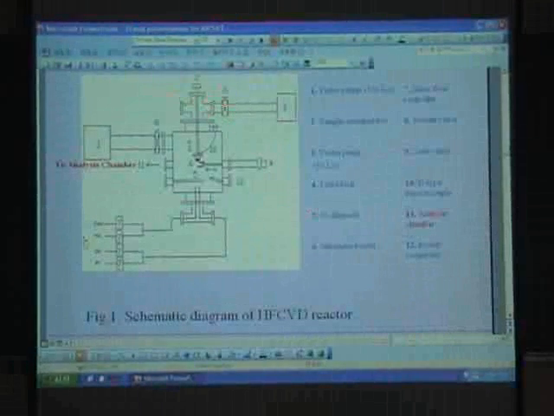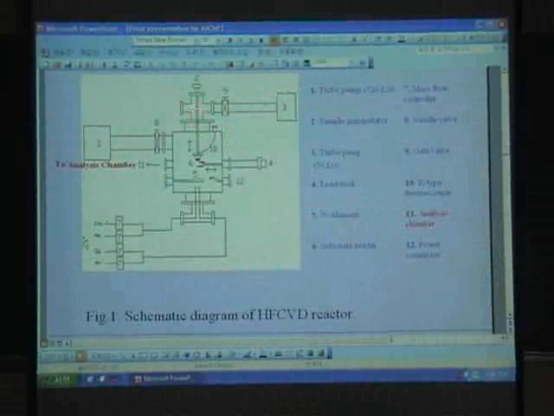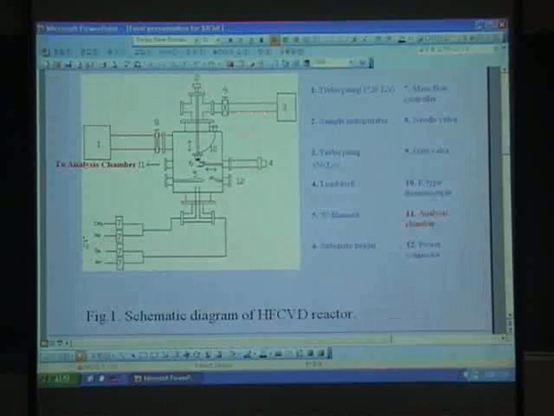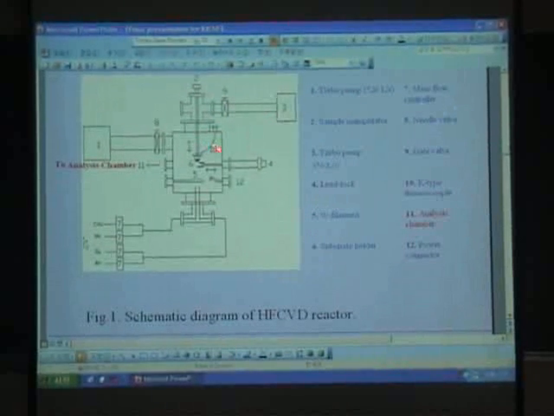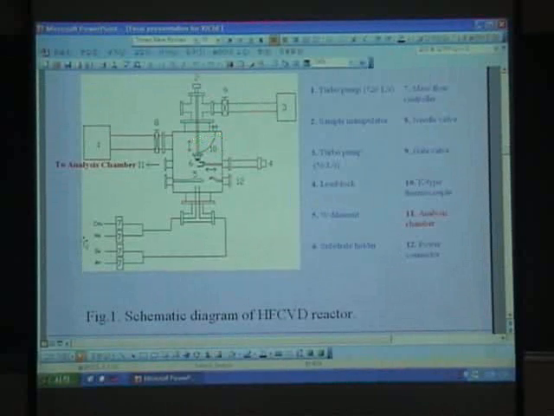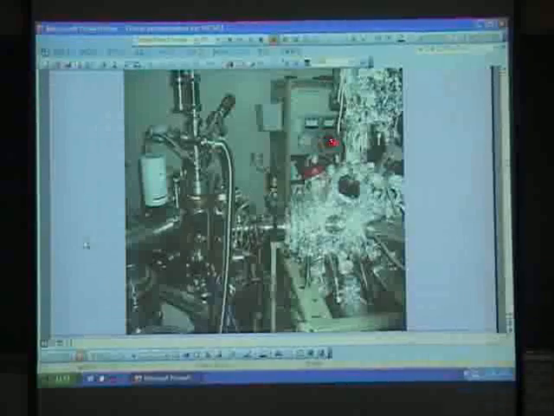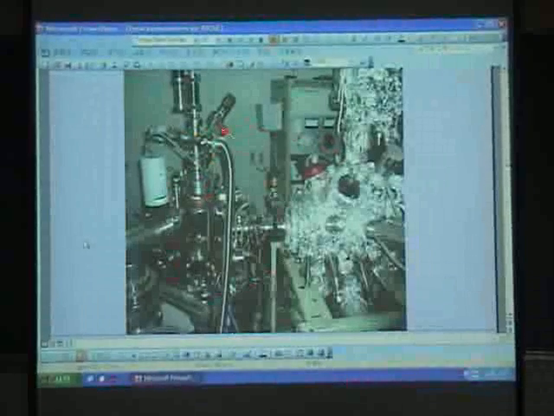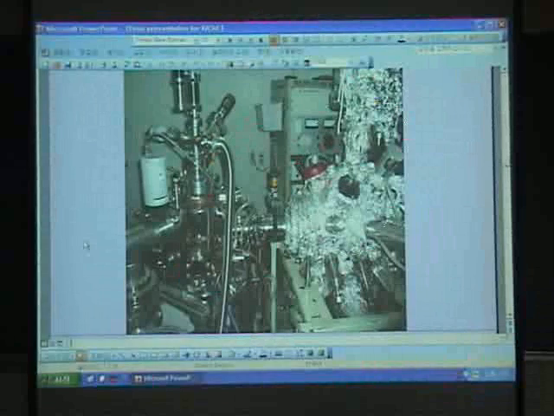Here is our HFCVD system. We use a turbomolecular pump and the vacuum we got here is 10 raised to minus 7. We also have an analysis chamber equipped here. It is our HFCVD system and XPS system.